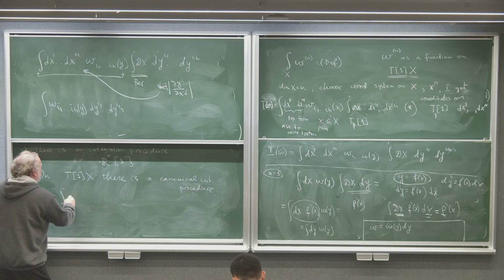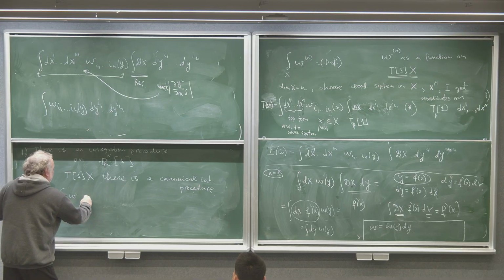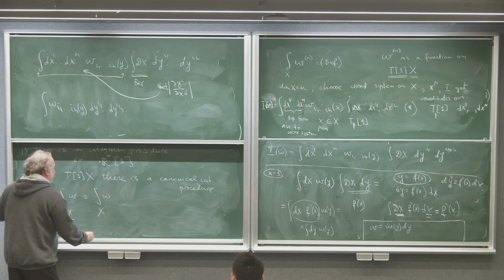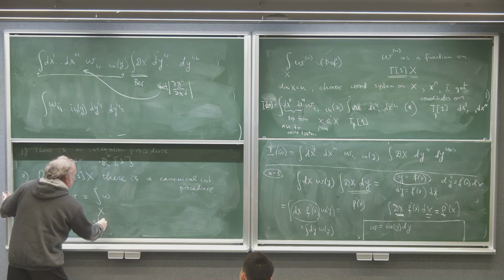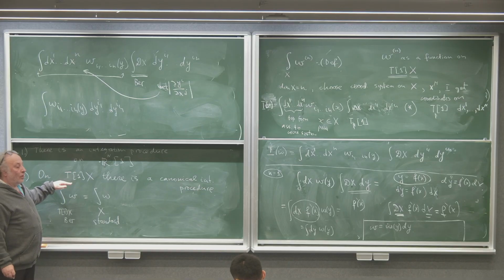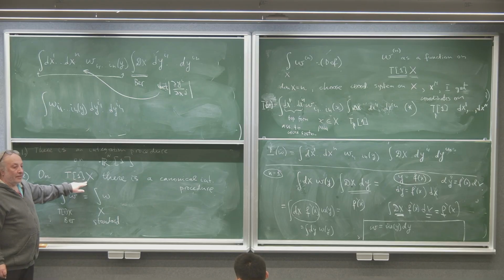So integral of omega over T1 X derivative equals integral of omega over X standard. But in what we will do, we will not always integrate over T1 of X. Here we have a canonical measure.